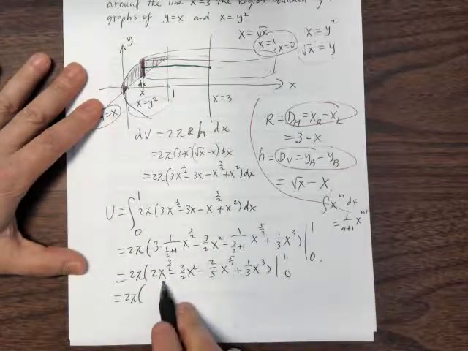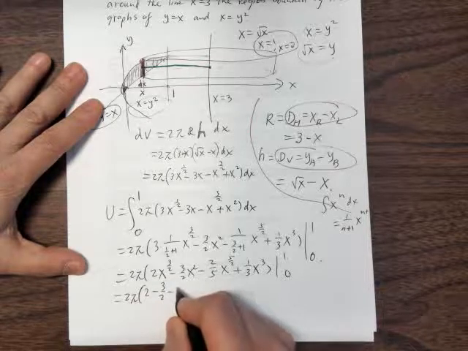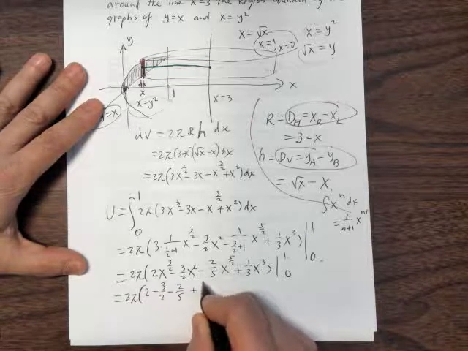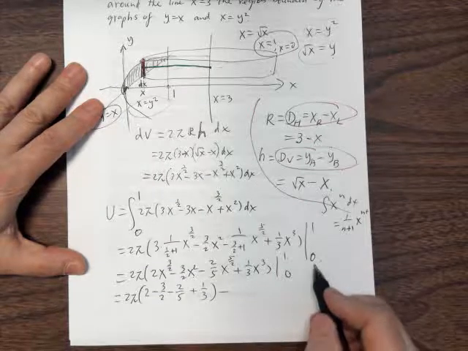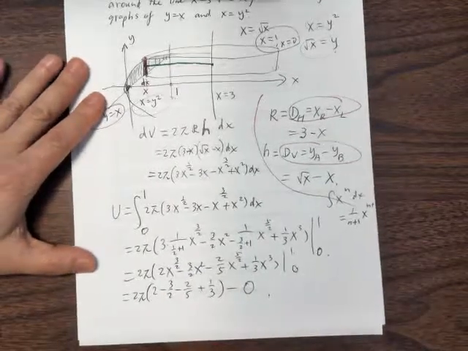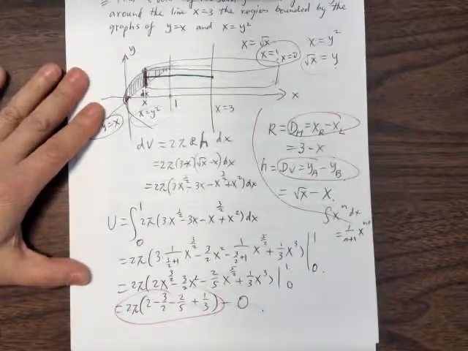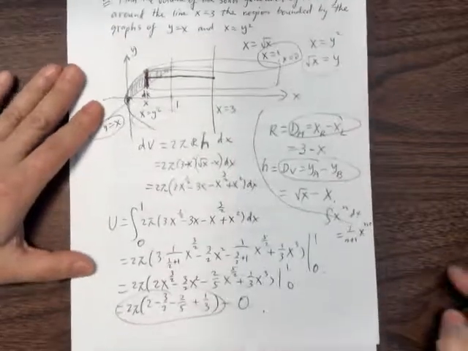When 1 is plugged in, every power of x becomes a 1, so it's 2 minus 3 over 2 minus 2 over 5 plus 1/3. When 0 is plugged in, everything turns 0, so it's 0. So this is the volume of the solid of revolution in this problem.